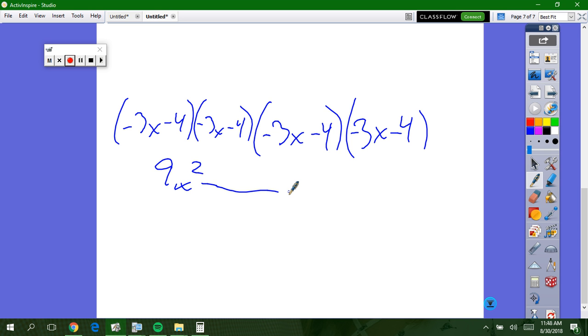I don't care what it is. 9x squared times a negative 3x. Negative 27x cubed and so on. Because once again, I'm only caring about the coefficient. Negative 27x cubed times negative 3x. Positive 81x to the 4th. See where I'm going there? See how I did that?